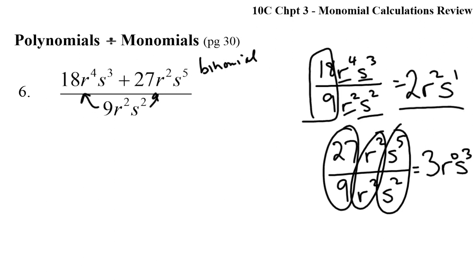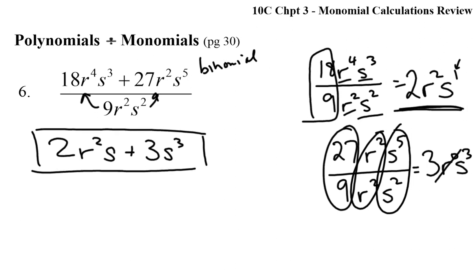And again, the first expression we got, technically this one's not really necessary, and the r^0 is definitely not necessary. So when we divide here, we end up with 2r squared s plus 3s cubed. Not like terms, so our division leaves us with a binomial.